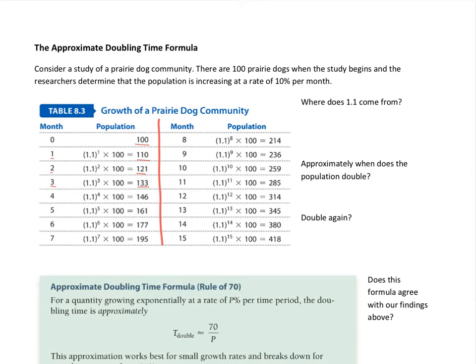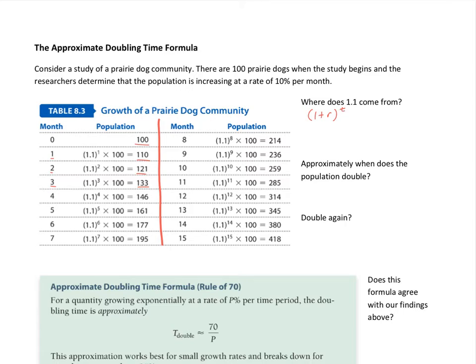In all of these equations you can see that each equation has a 100. This 100, of course, is the initial population. When the study begins, there were 100 prairie dogs. But this 1.1, where does it come from? When we are dealing with exponential functions, we know that there is a 1 plus the rate, to some power t.